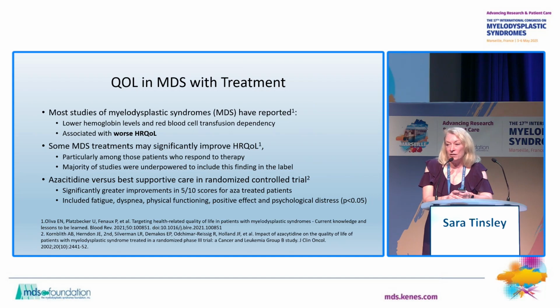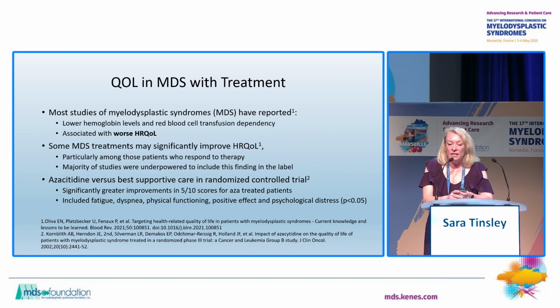And some MDS treatments have been shown to improve health-related quality of life, significantly with statistical tests, particularly among those patients who respond to therapy. But unfortunately, the majority of those studies were underpowered, and they were not included in the final label for the drugs.